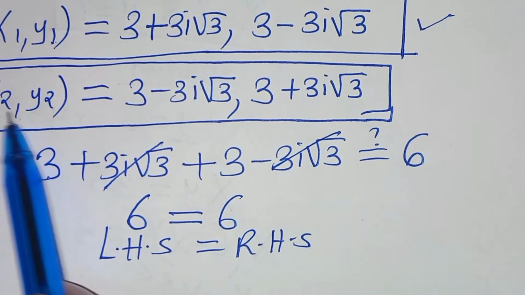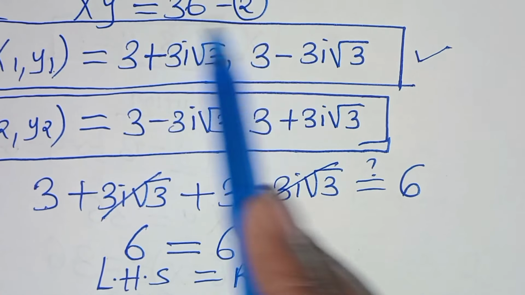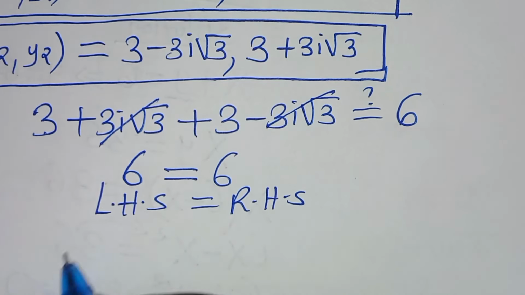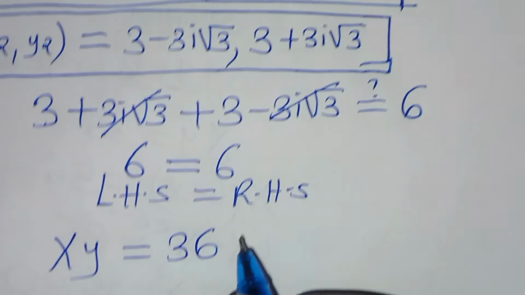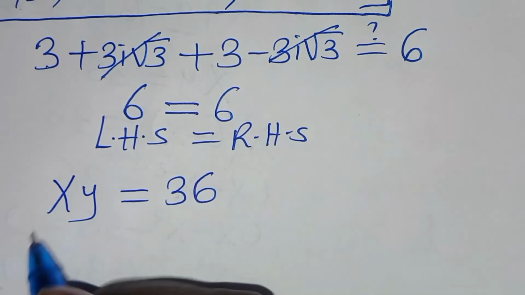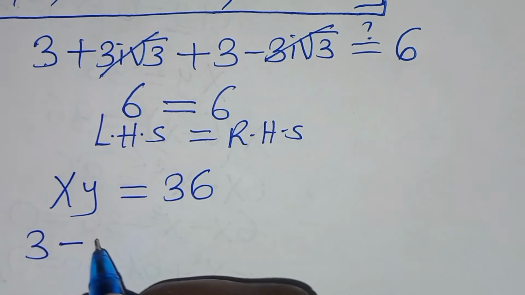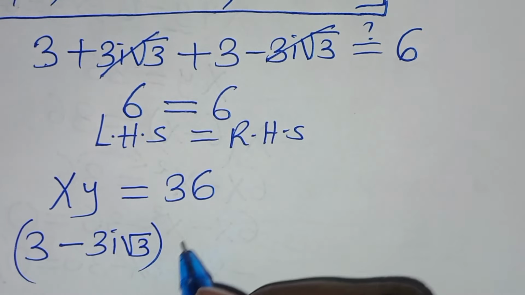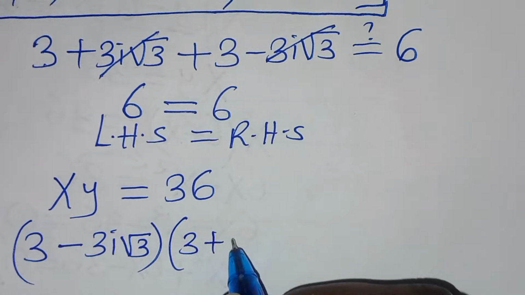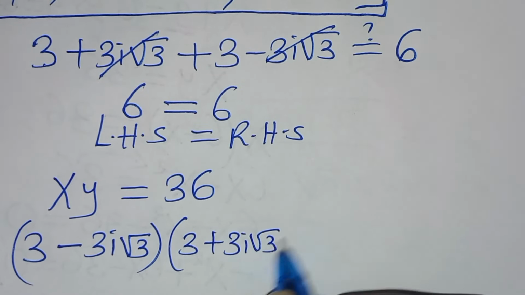So let's verify x2, y2 by applying equation 2. Equation 2 is x times y. This is equal to 36. So we have 3 minus 3i square root of 3 multiplied by 3 plus 3i square root of 3.